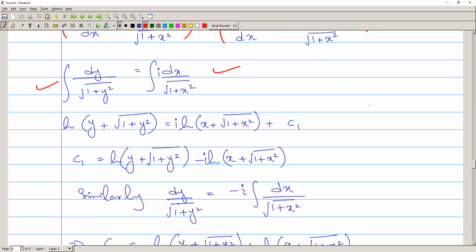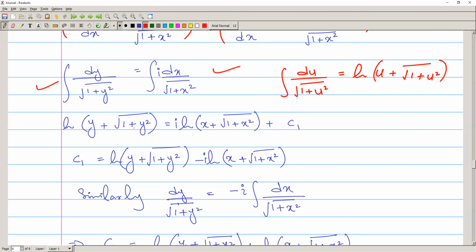Now we can integrate, and we know that the integral of du divided by square root of 1 plus u squared is actually equal to natural log of u plus square root of 1 plus u squared, right? So we can apply the integral here.